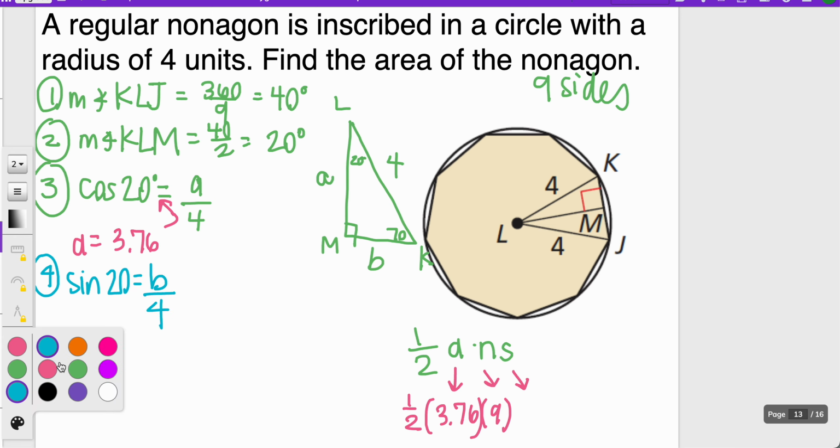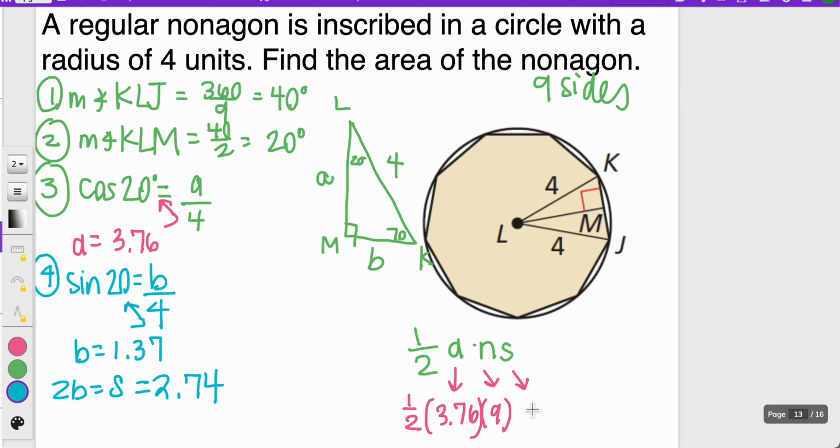So essentially, again, multiplying 4 times the sine of 20. So 20 sine times 4, I'm getting about 1.37. So B is equal to 1.37. Now this is half of a side, so 2 times B is going to give me my full side. So 1.37 times 2, I'm getting 2.74.